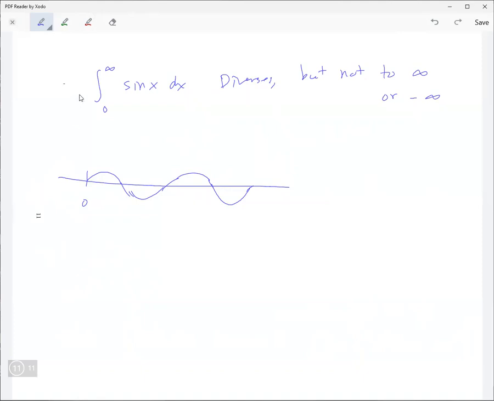Because what this is, it's the limit as b goes to infinity of, if I take the antiderivative, negative cosine x from 0 to b.